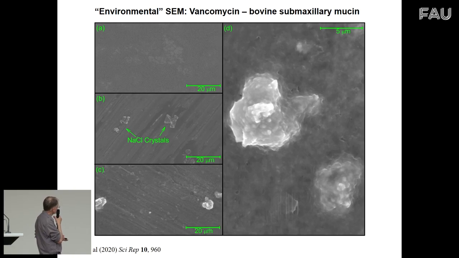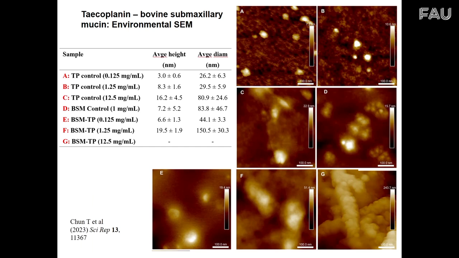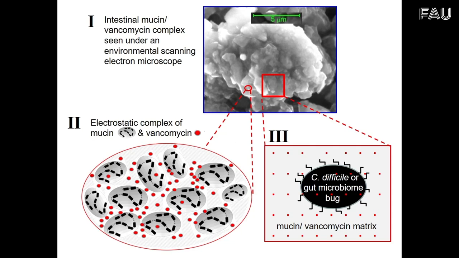And then when we tried teicoplanin, we got similar effects with these as well. And this has all been published. So this is quite exciting, showing that these techniques all agree.